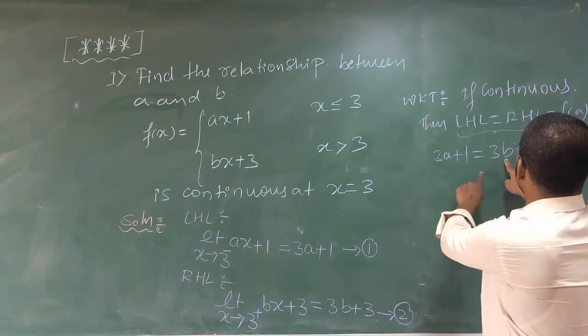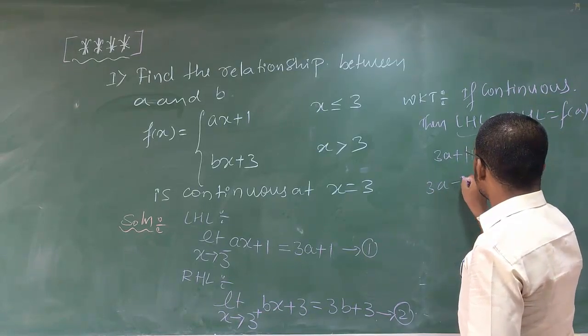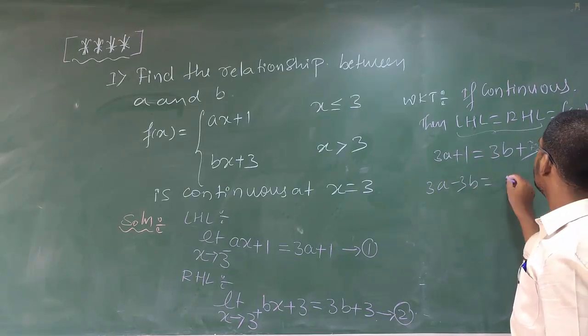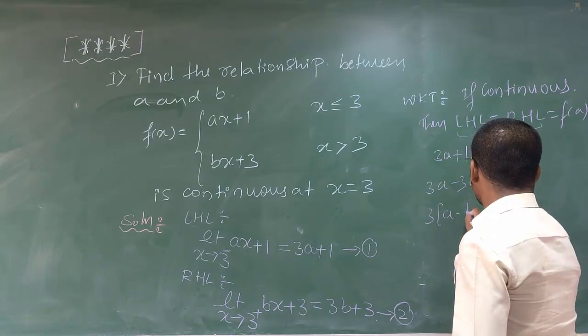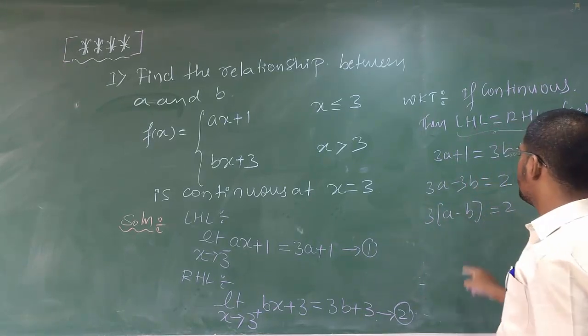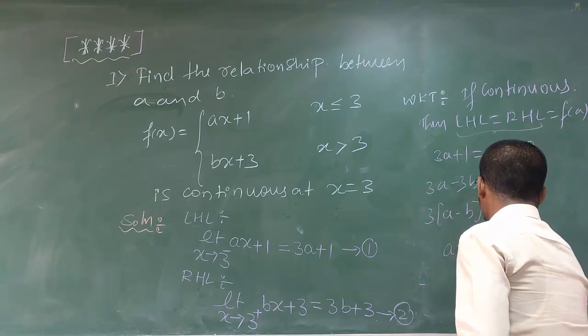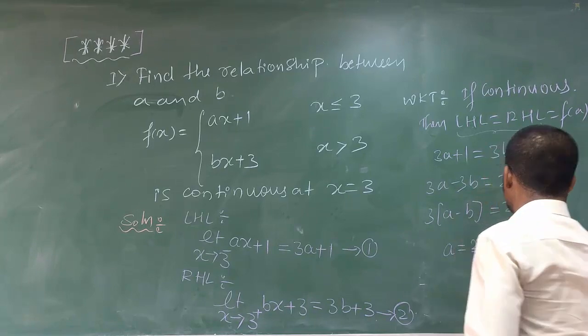Clear? Take 3b to the left hand side, it will be 3a minus 3b. Take 1 to the right hand side, it will be 3 minus 1, that is 2. Here 3 is common. 3 times of a minus b equal to 2. So if you simplify this, you are going to get a equal to 2 by 3 plus b.